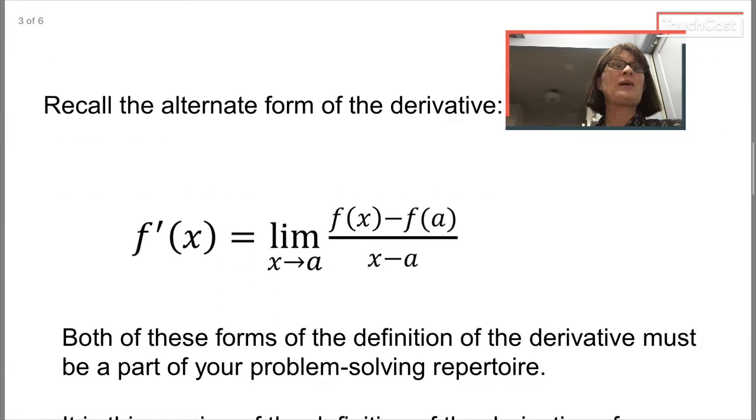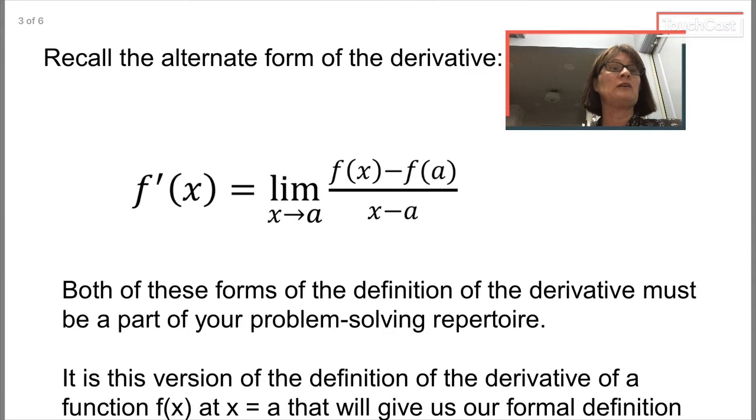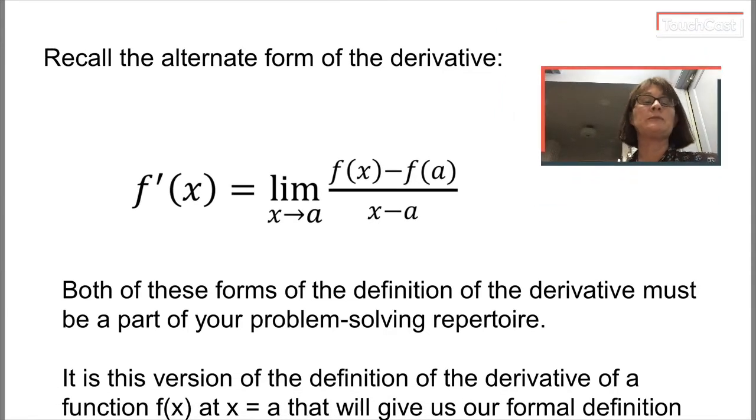Okay, so let's talk about a formal definition of when a function is differentiable. This is from your 3.1 notes, the alternative form of the derivative. Oh, that's a typo. Wow, will you fix that on your paper, guys?